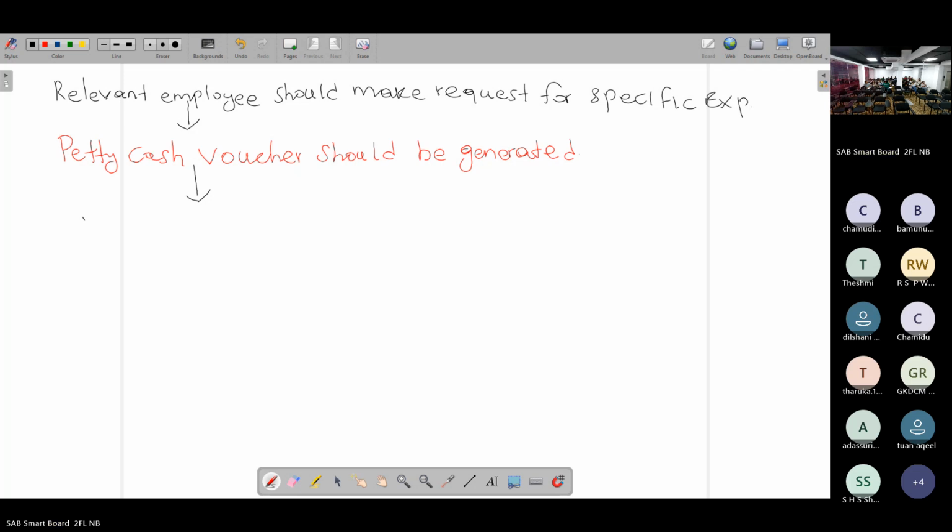First one, the petty cash voucher must include the reason for the expense.